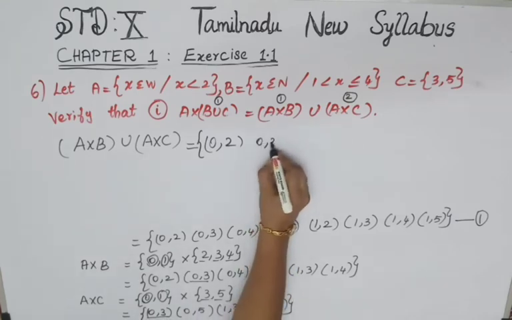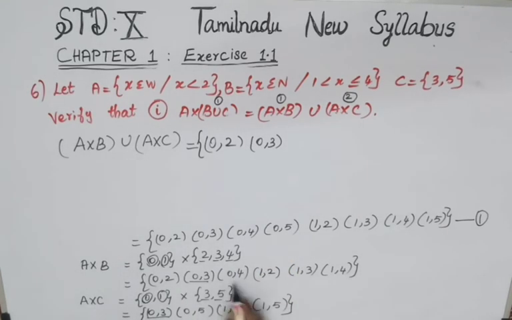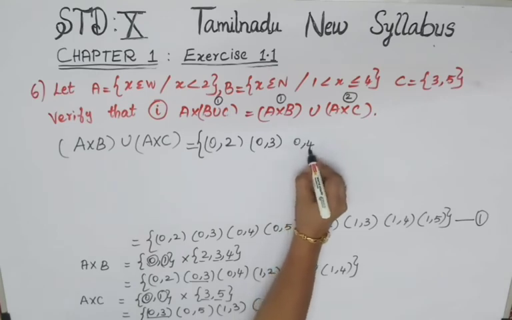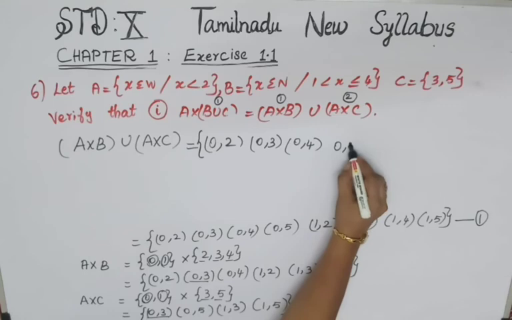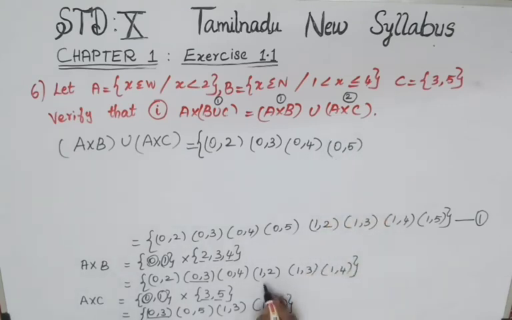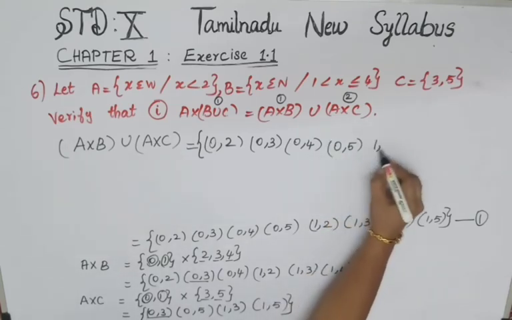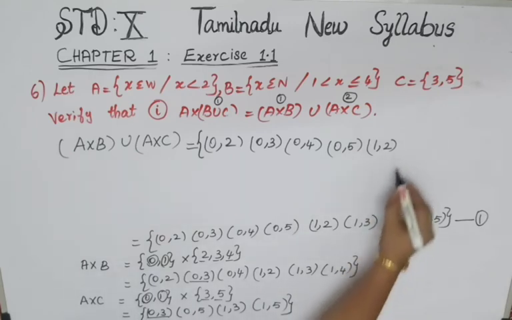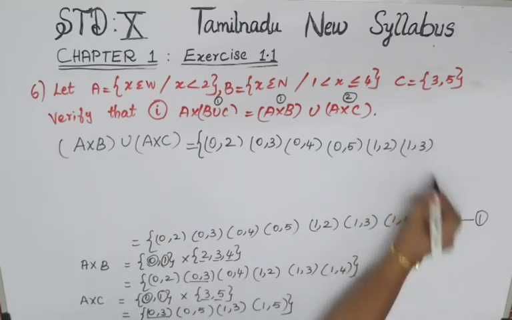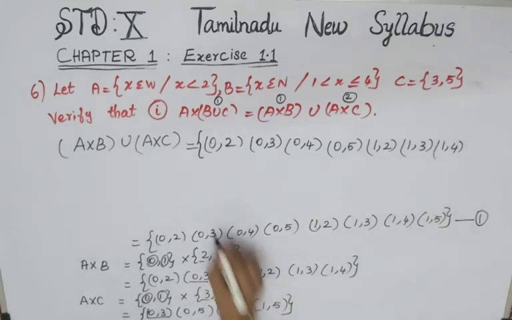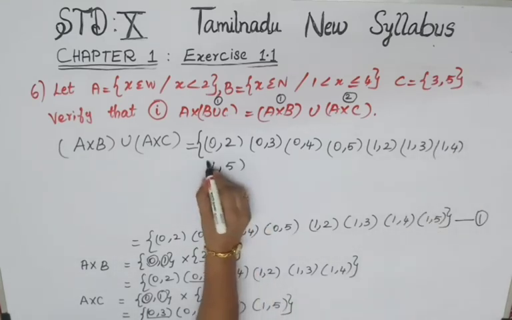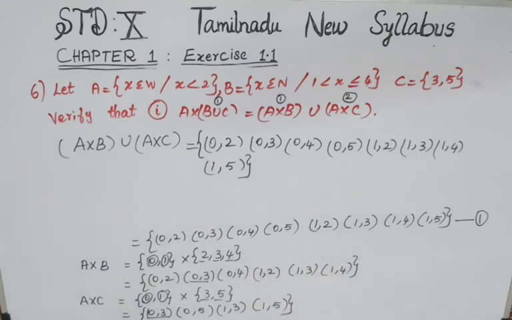Then (0,4), then (0,5), then (1,2), (1,3), (1,4), and here we have got (1,5). So finish writing all the terms as ordered pairs and close your bracket.